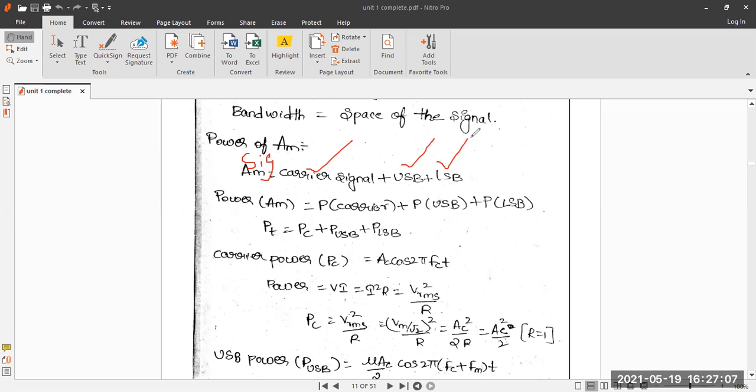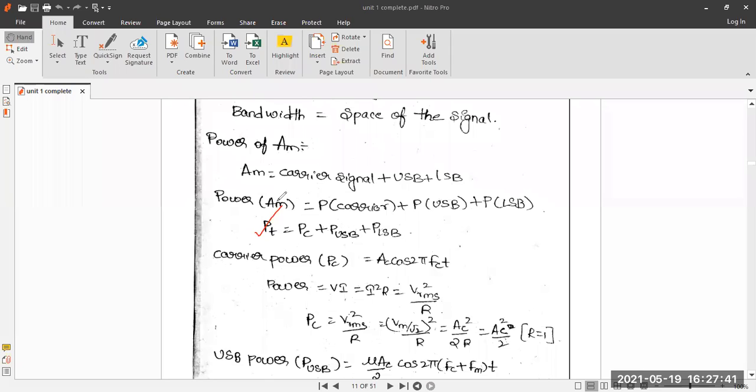One is carrier, another one is upper sideband, another one is lower sideband. Okay, if we want to calculate the power of this AM signal, power of AM is nothing but power of carrier plus power of upper sideband plus power of lower sideband. So we have to calculate powers. So power of carrier, power of upper sideband, power of lower sideband. So total power represented by PT.